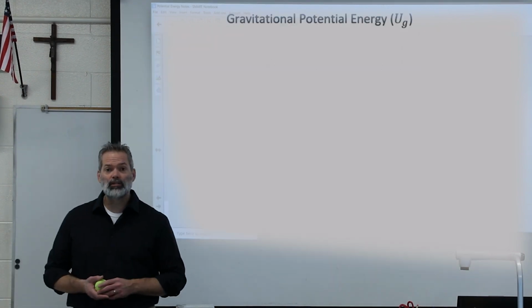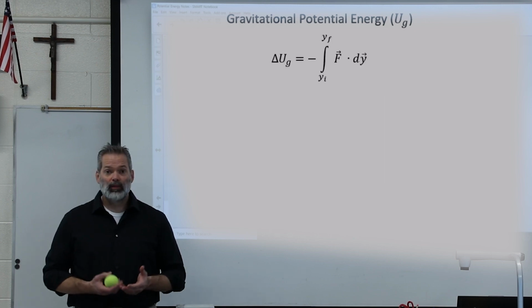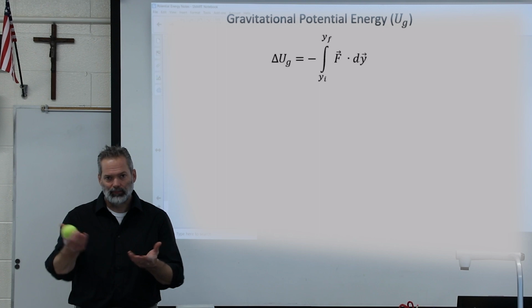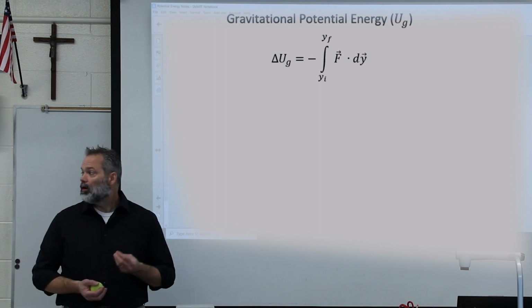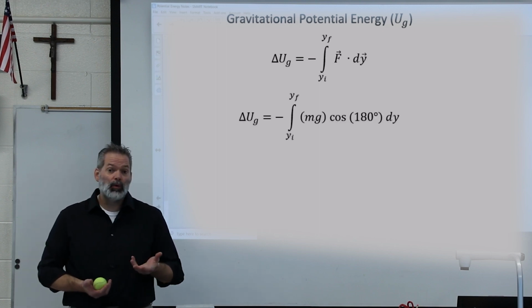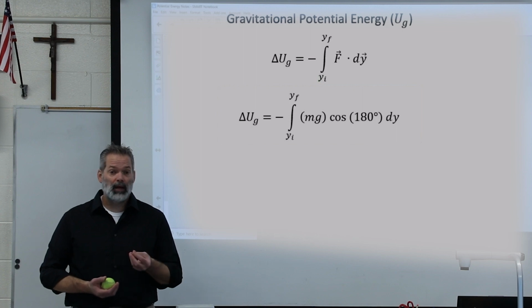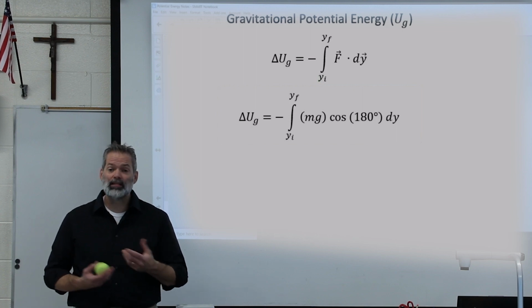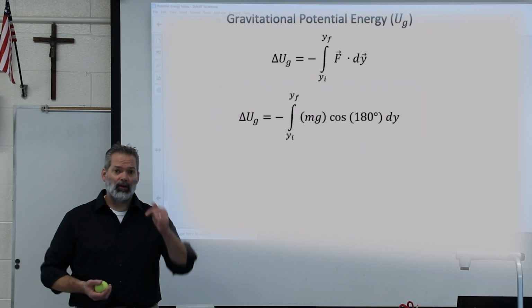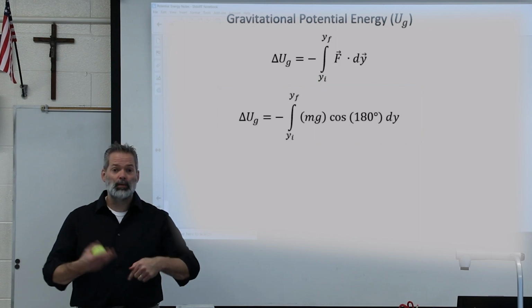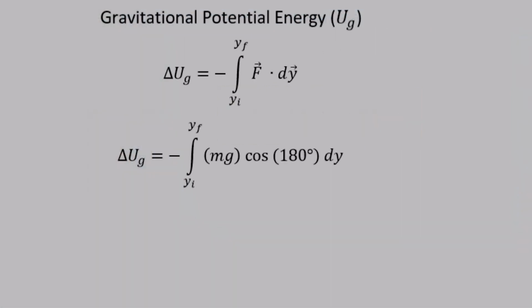When we go to look at gravitational potential energy, we start off with our base integral, F dot dy. I'm changing x's to y's in here, but you get what I'm doing. We know that the force is the force due to gravity. That's the weight of the object, mg. The dot product is going to be a cosine of 180 because in this case, my object is rising, the gravitational force is downward, the displacement is upward. It's 180 degrees from one another.